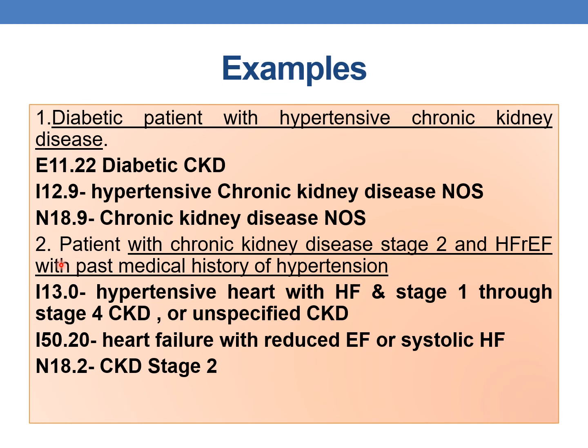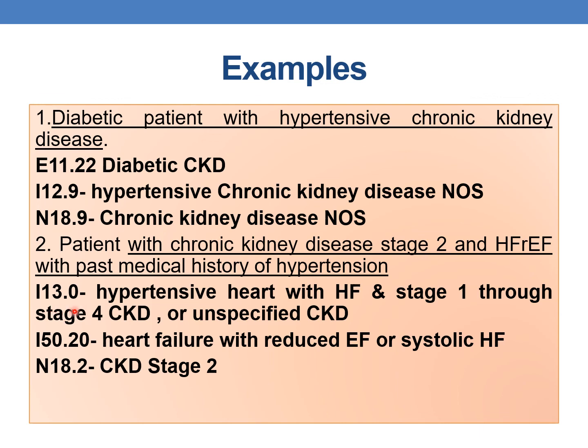Coming to the second example, patient with chronic kidney disease stage 2, with heart failure with reduced ejection fraction, with past medical history of hypertension. Here the codes are I13.0, hypertensive heart with heart failure and stage 1 through stage 4 or unspecified stage. Because here the stage of CKD is stage 2, we are assigning I13.0.